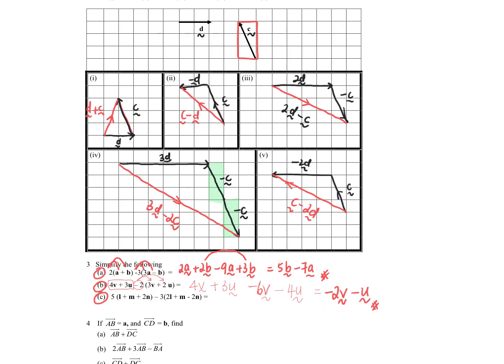So this drawing is not in O-level, but you need to know how to read direction. So C is diagonal, right, of one rectangle. So when they have 2C, you have 2 rectangles. Can you see that? So you just follow how they draw.